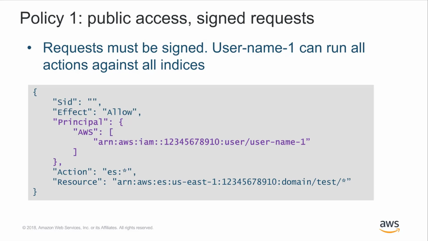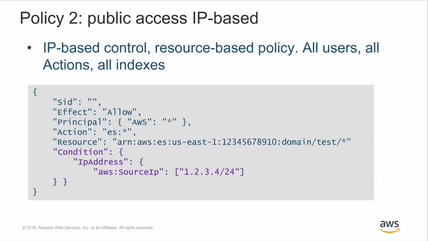All requests must be signed, and they are signed with username 1's access and secret key. And those signed requests are then authenticated by IAM, so that user is then allowed to perform these actions on these resources. In this case, ES star means it can do everything, and in this case, we're sending onto a test domain, so in that domain, it can do anything.